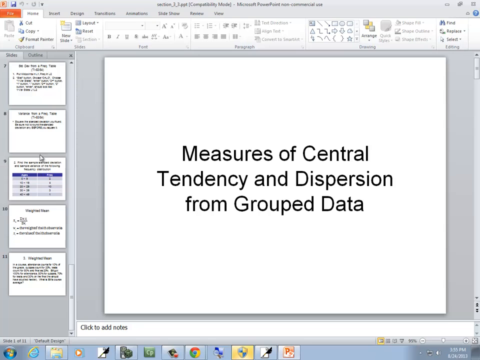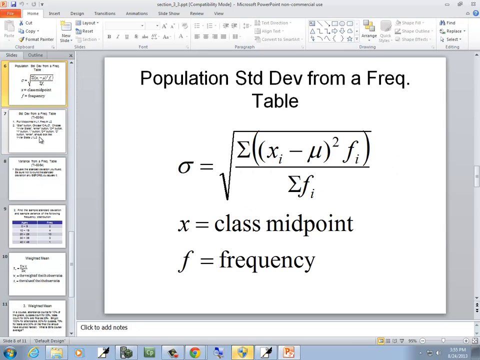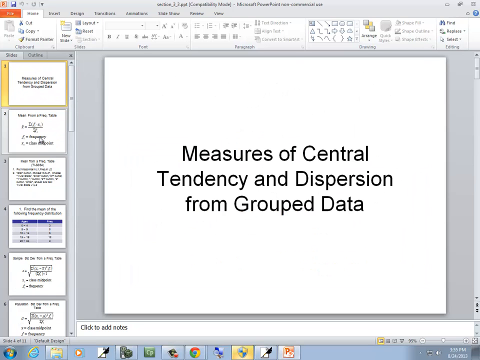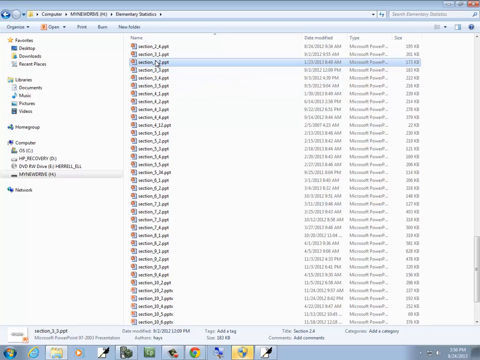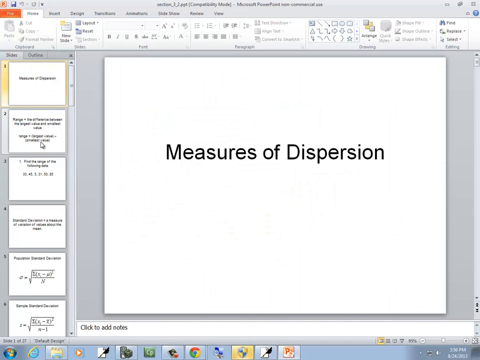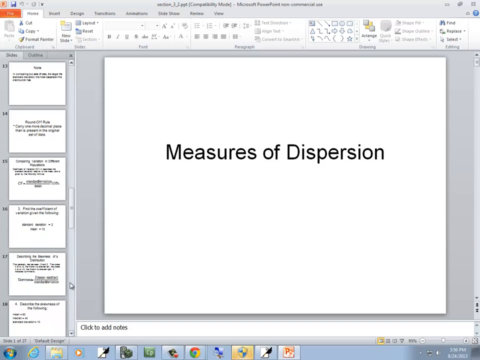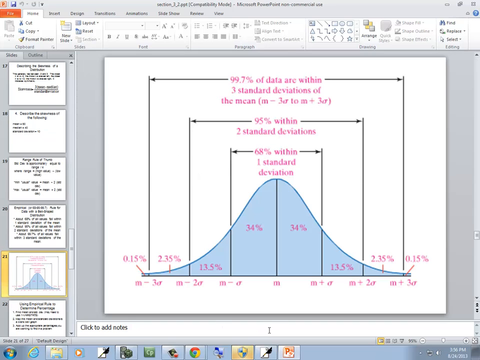Well, maybe I'm lying to you. Group data. That's not it. 3-2. There's our picture. This is out of the textbook. Okay.